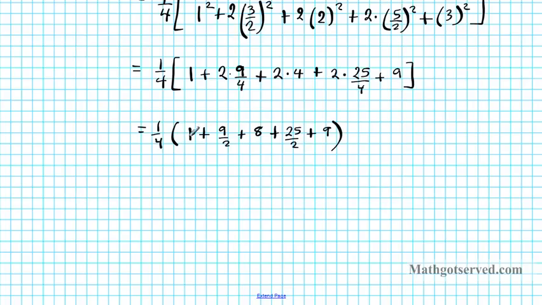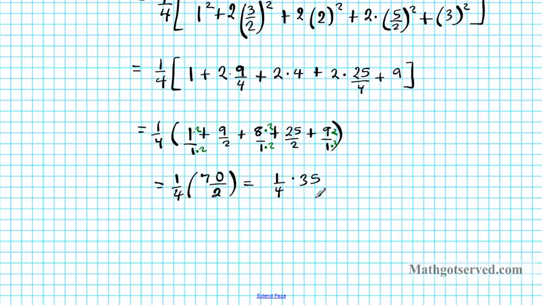Alright, put all of them over 1. You can find the LCD. The LCD of 1 and 2 is clearly 2, so times this by 2, times it by 2, and so on for each term. Okay? If you add it all up, you're going to have 1 over 4 times 70 over 2, which equals 1 over 4 times 35.